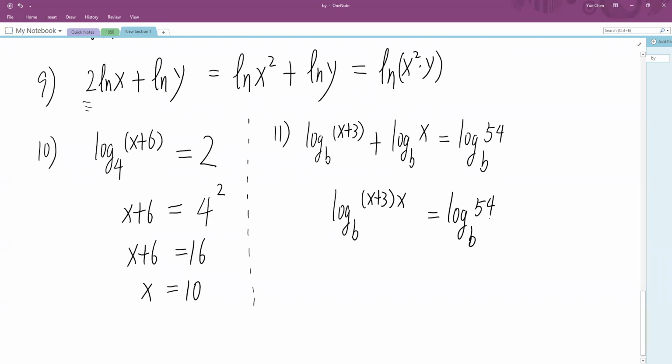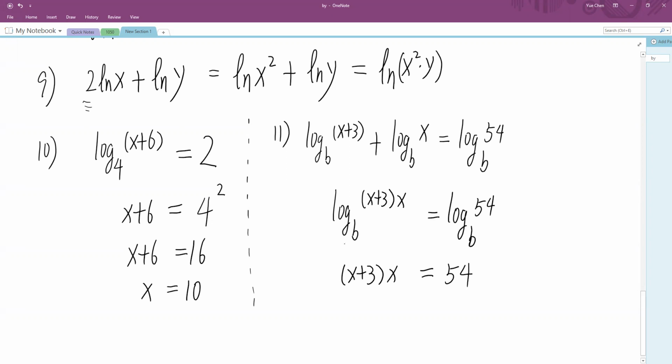54. So now both sides are logarithmic functions with the same base b, right? So that means the inside should be equal, so x plus 3 times x equals 54.